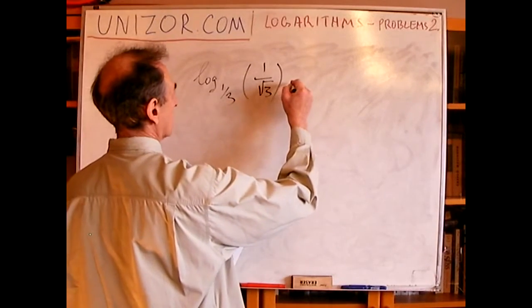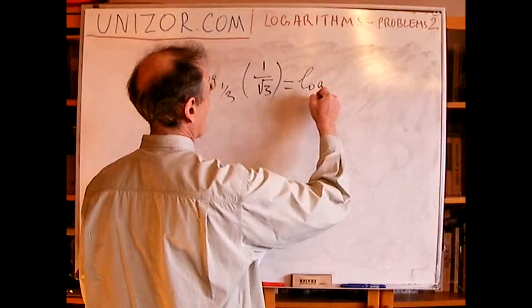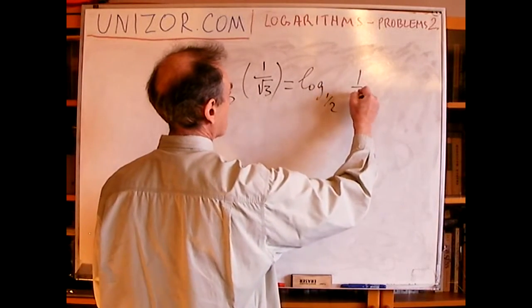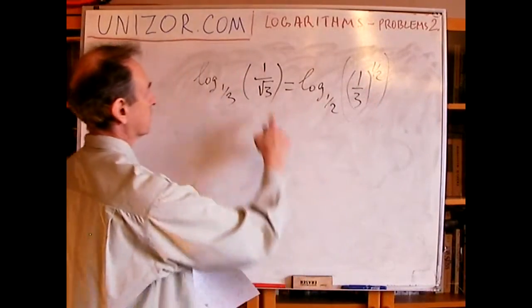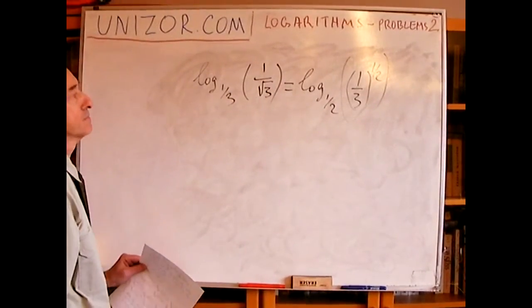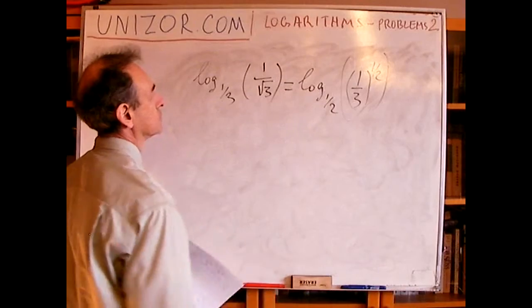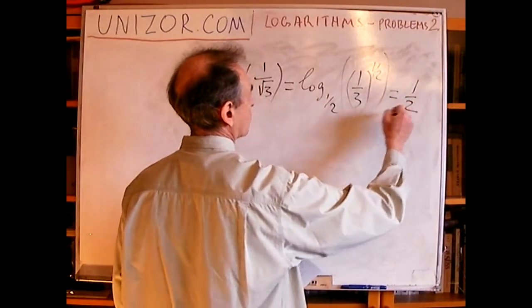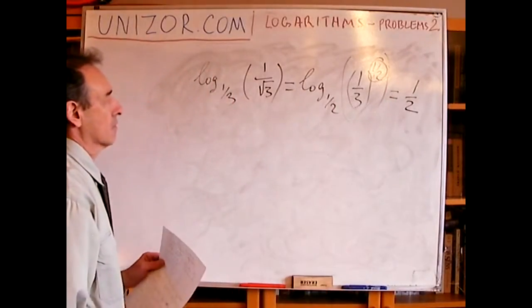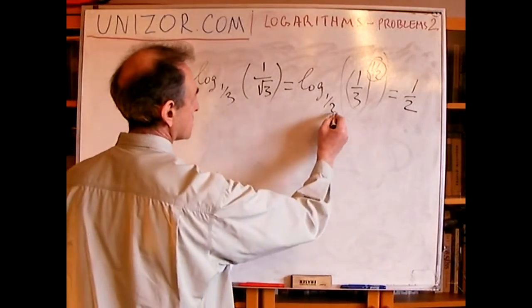Well, again, the same thing. 1/3, 1/2. That's what 1 over square root of 3 is, right? This is the square root. And that's why the whole thing is equal to 1/2. Sorry, that's 3, supposed to be.